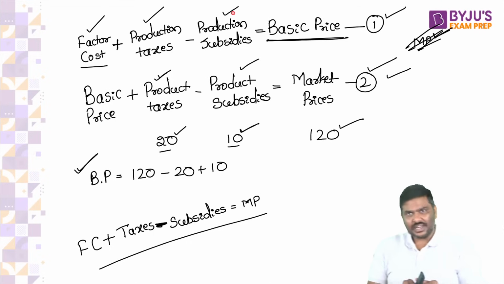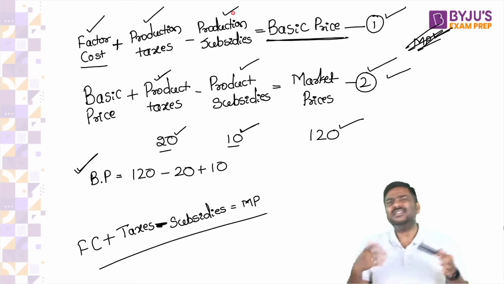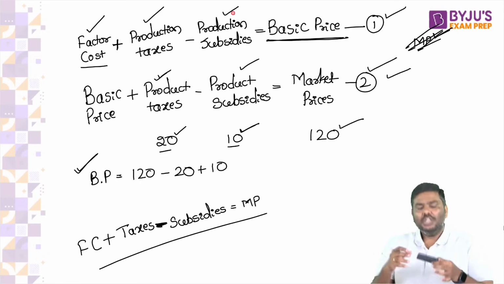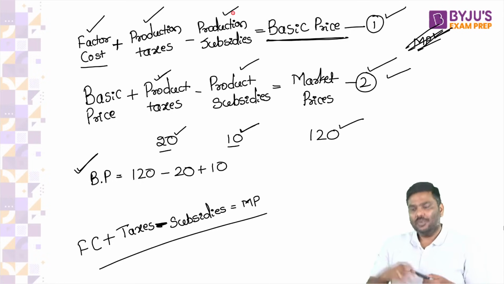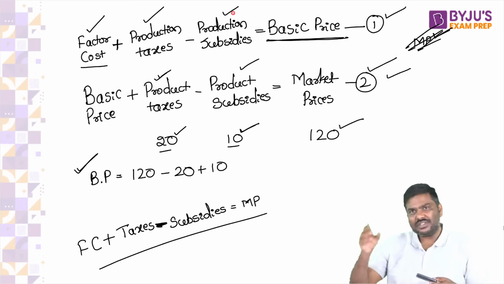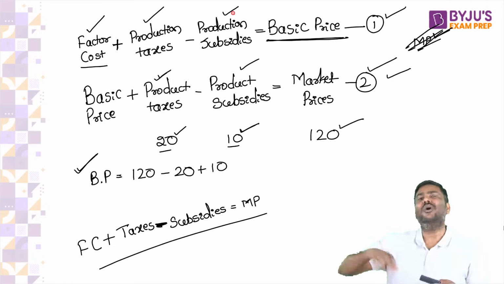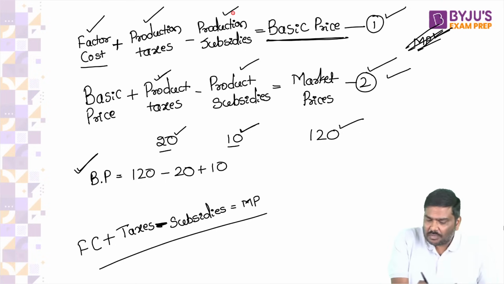You have paid a certain product tax, so you will have to adjust for the product tax. You already have received certain product subsidy, so you will have to adjust for the product subsidy as well. How do I do that adjustment? This is the formula for market prices.